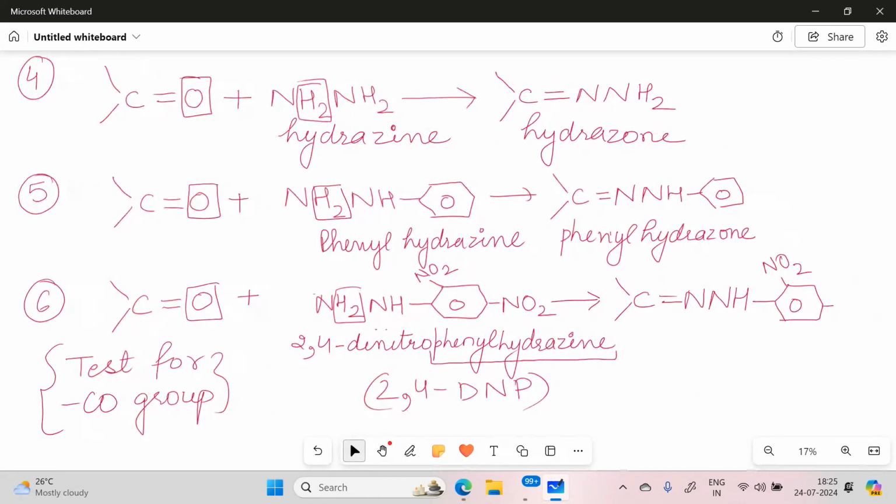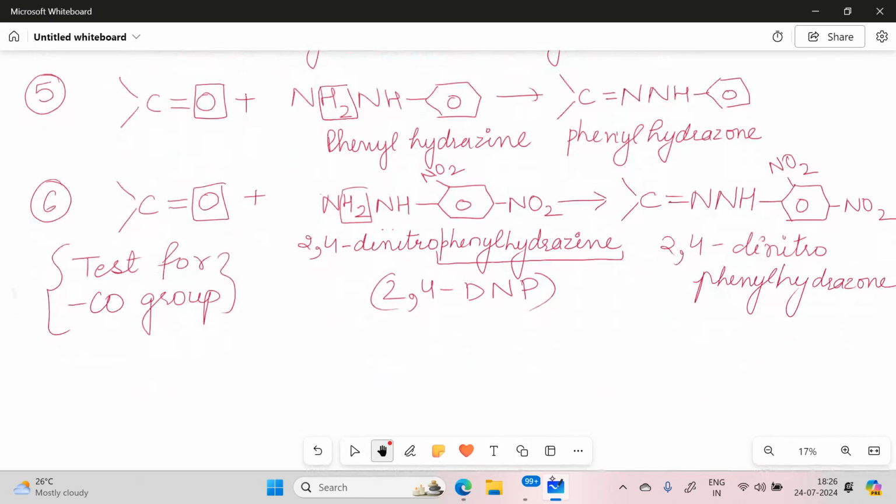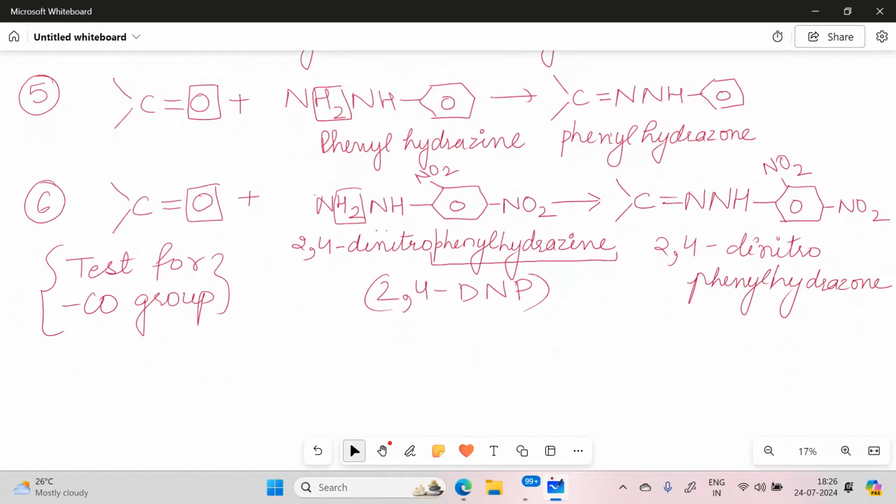Yes. So what should be the name of this compound? You have to just convert hydrazine to hydrazone. In all these three compounds, just convert hydrazine to hydrazone. 2,4-dinitrophenyl hydrazone. Write down this one, then I will come to the last reaction, semicarbazide.